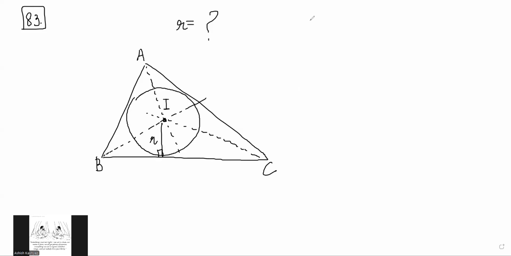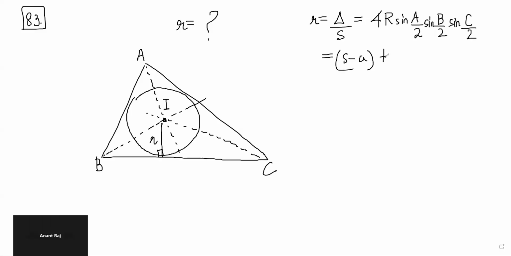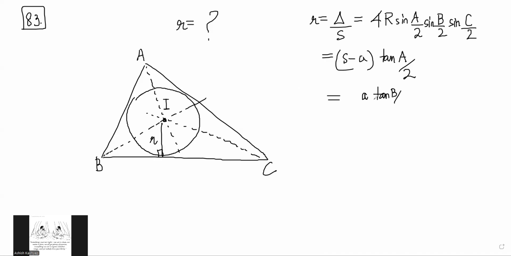So there are four formulas that you need to know. One is this, one is this, one is with tan a/2, and another one is a tan b tan c. No, something like a cos by sine.